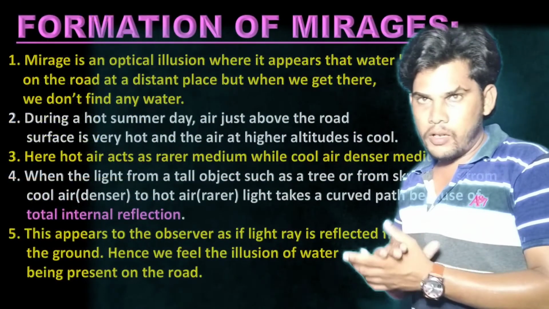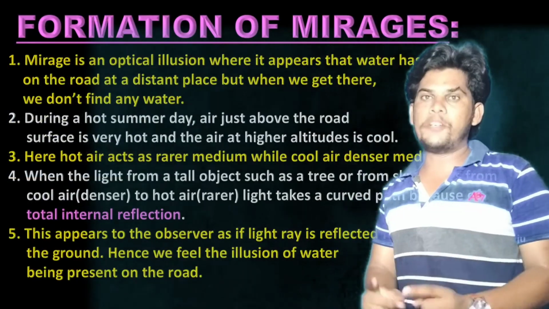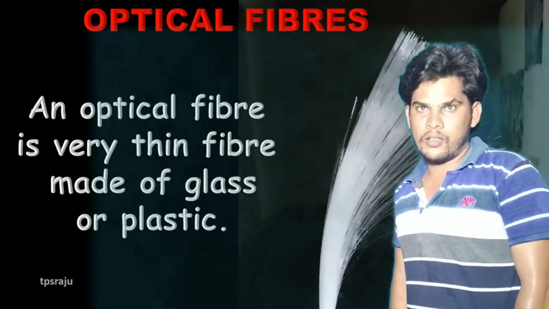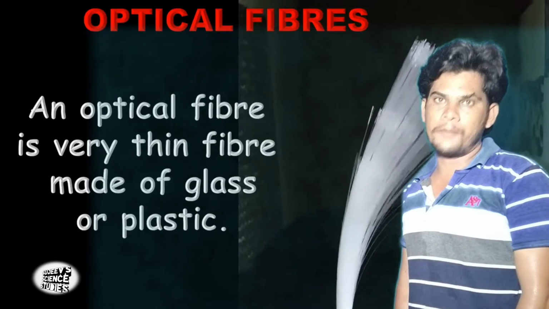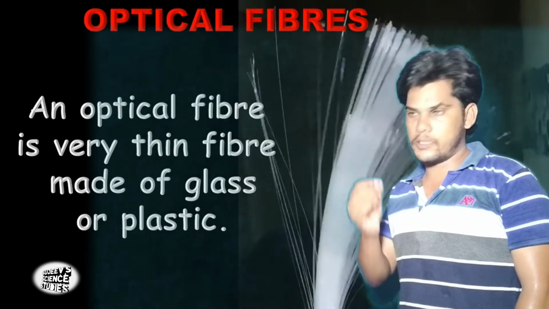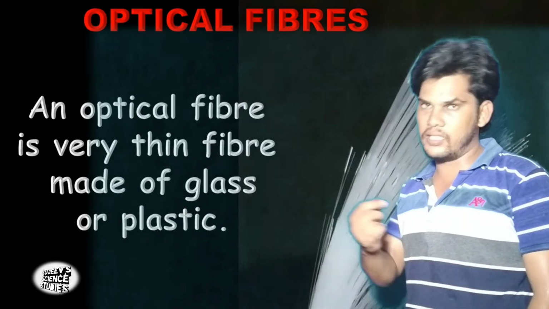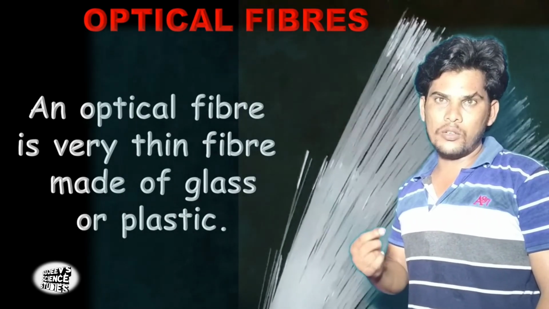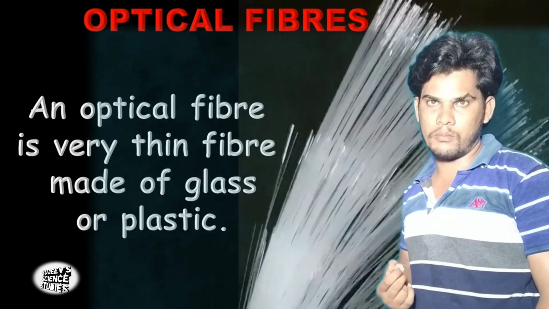Next, optic fibers. Optic fibers also work depending on the phenomenon of total internal reflection. Optic fibers are small strand-like structures. They are very thin, almost 10 to the power of minus 6 micrometers.